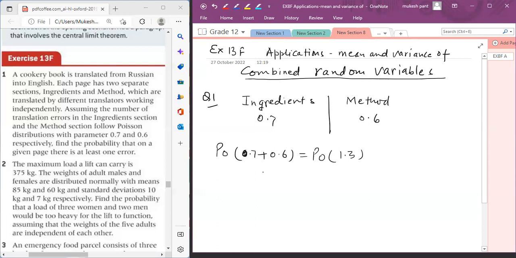And now we have to find the probability that there is at least one error. At least one error means x equals 1 or more than 1. So you have to find the probability for x greater than or equal to 1, right?